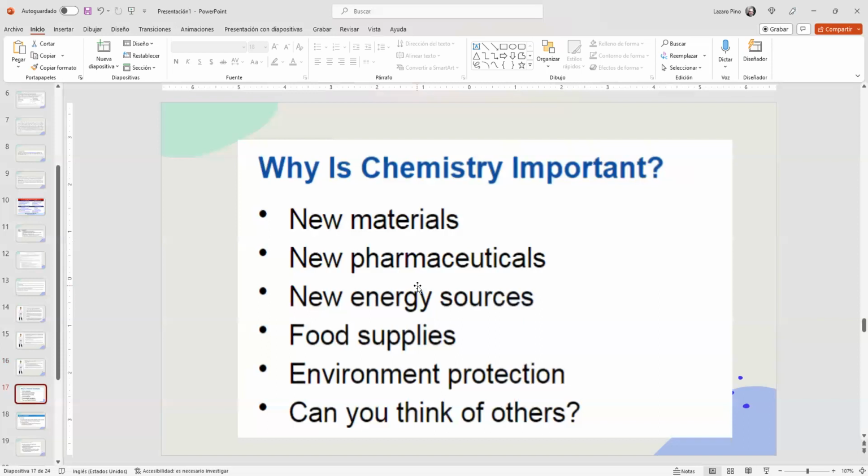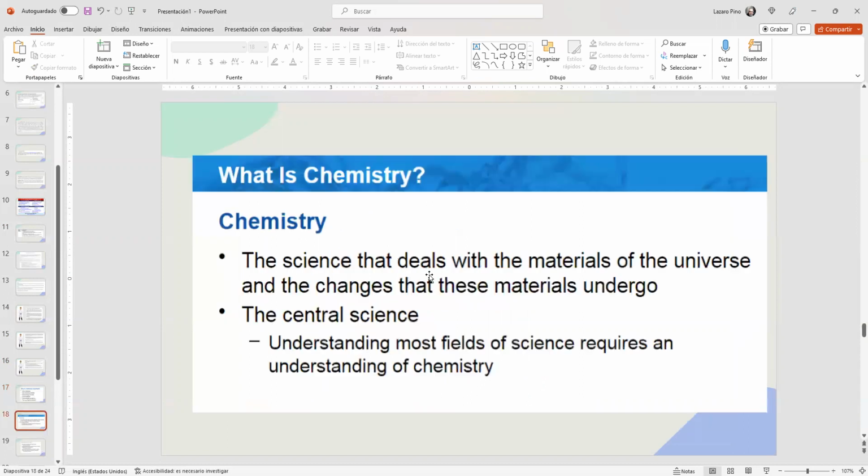That's why chemistry is so important. No matter what you're going to study, chemistry will be there in some way. Well, we say that chemistry is the science that deals with the materials of the universe and the changes that these materials undergo. I say chemistry is the center of science because it has to do with any other subjects.